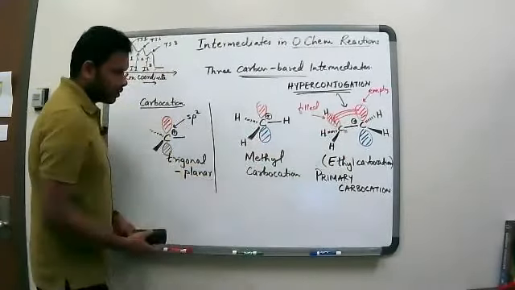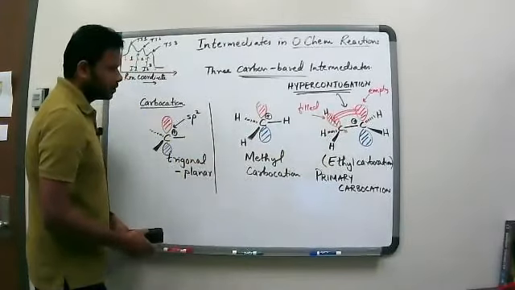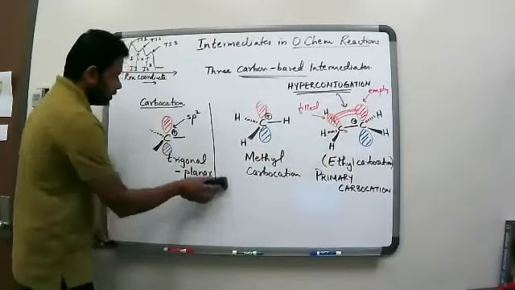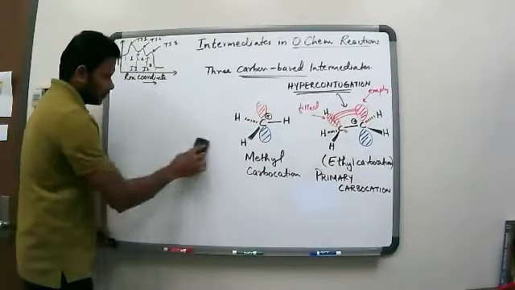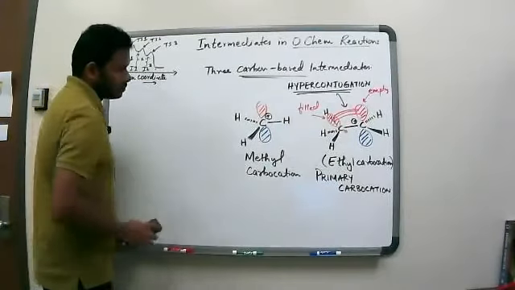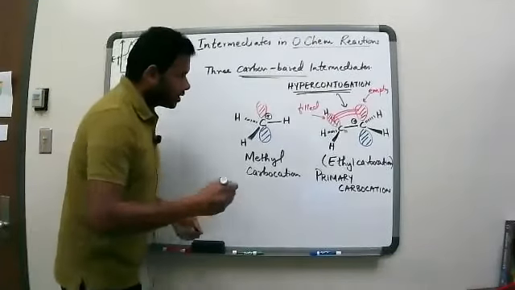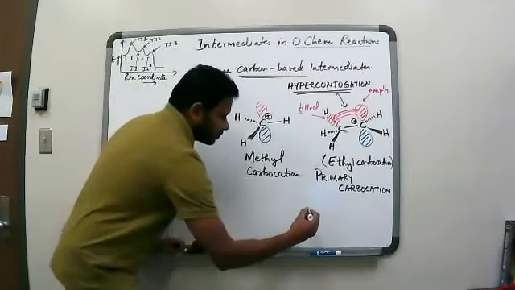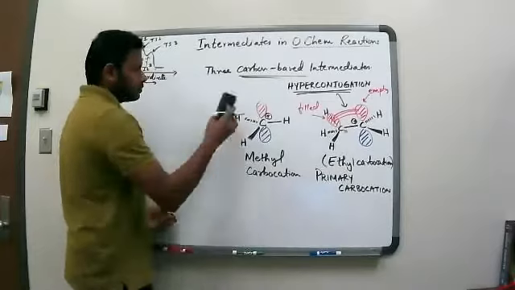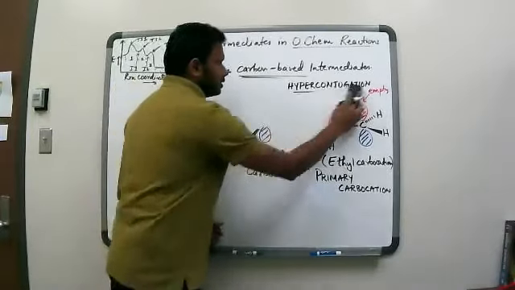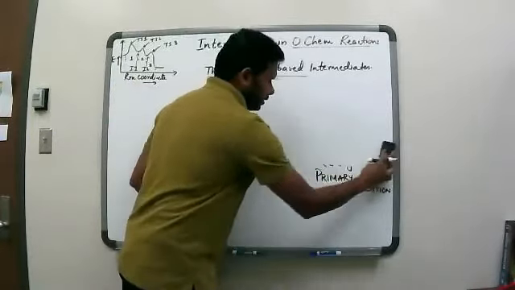We can include other sorts of carbocations. So let's say I erase this. I think I'm kind of lacking space here, so let me just erase all of this and draw it again.